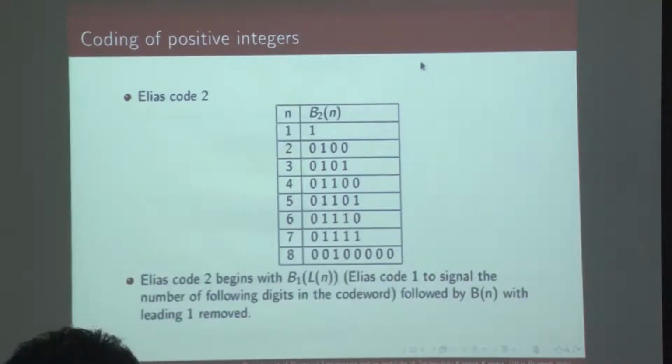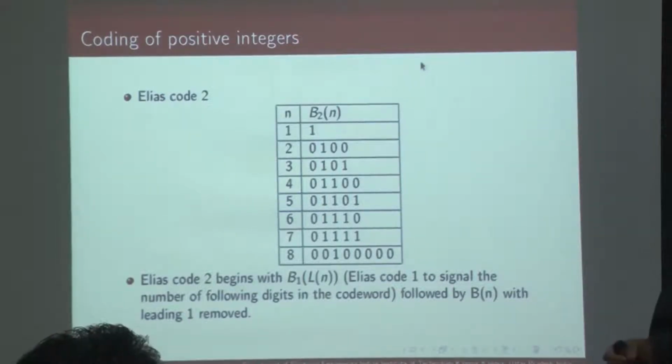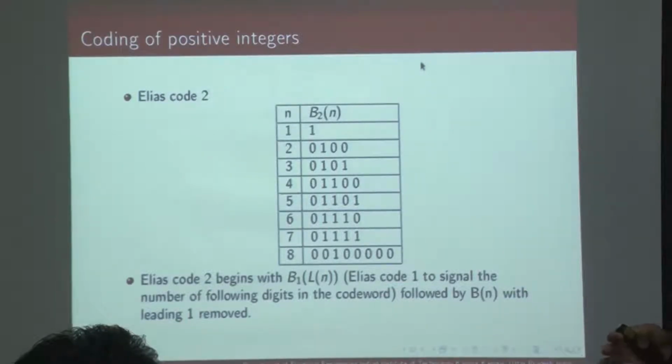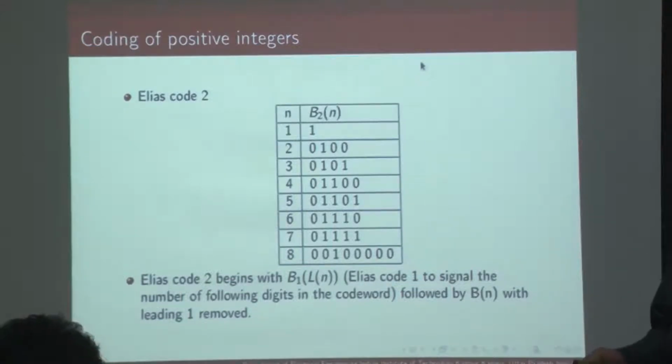So how does alias code 2 work? Alias code 2 begins with B1 code of ln. Earlier what were we doing? We were padding the binary representation with a number of zeros corresponding to length minus 1.